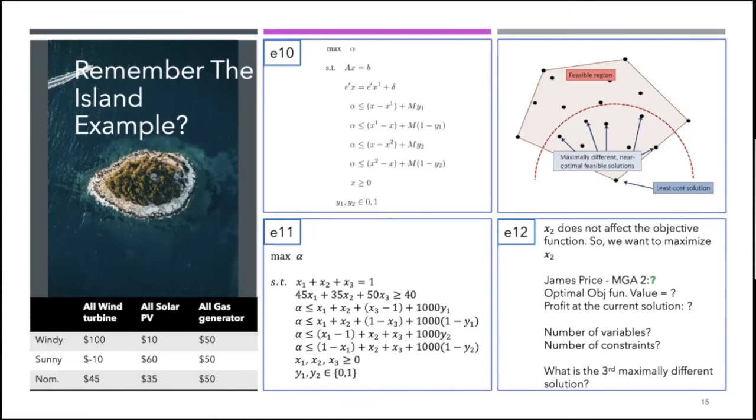Let's assume that the actual maximally different solution is x equal to 2. In that case, alpha has to be less than or equal to 2 minus 1, which is 1, and alpha has to be less than or equal to 1 minus 2, which is minus 1. So the maximum value of alpha that satisfies both of these constraints will be minus 1.